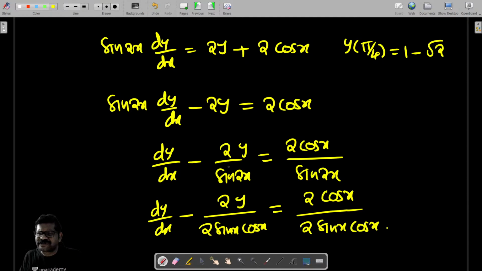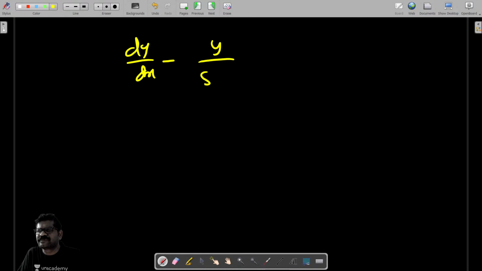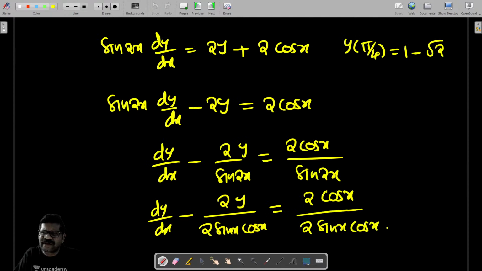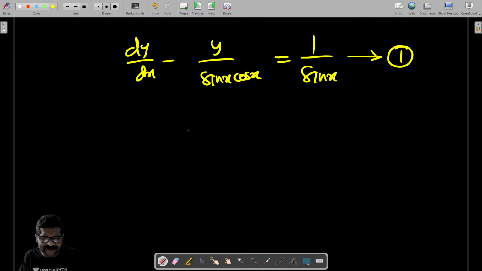That can be written as dy by dx minus y by (sin x cos x) equal to 1 by sin x. Call it equation 1. It is a linear differential equation.